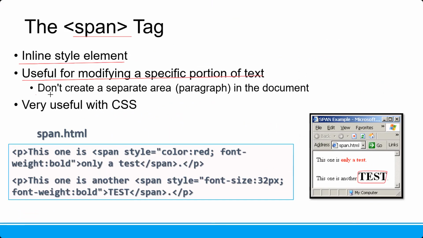And we do not create a separate area or paragraph in the document. We just use the block element that we have. And this is very useful with CSS. CSS is the style sheet. It is very useful with the style that we want to specify. Now let's see this example.